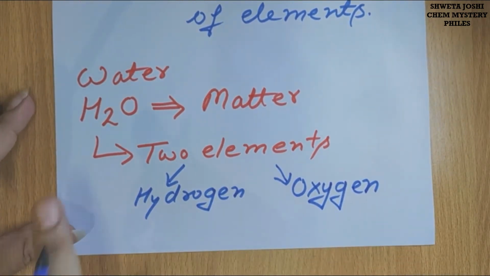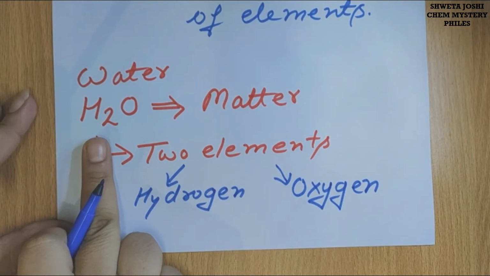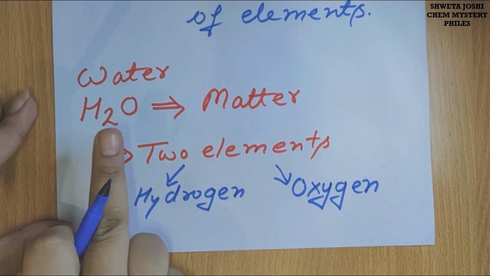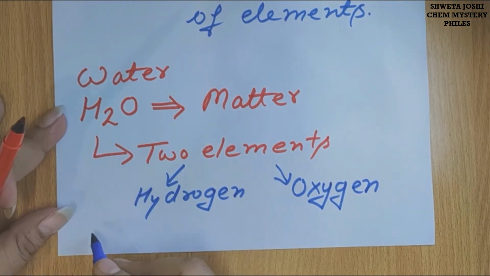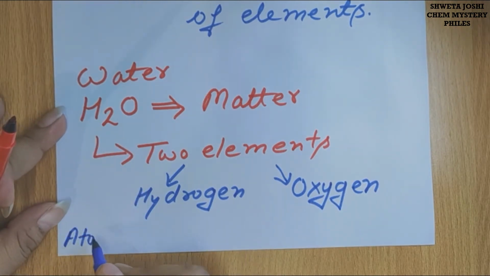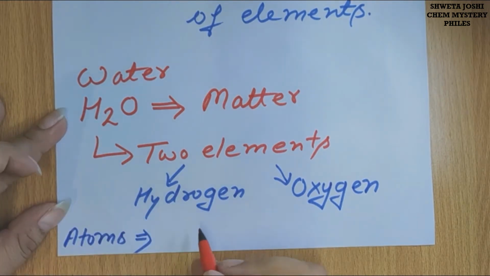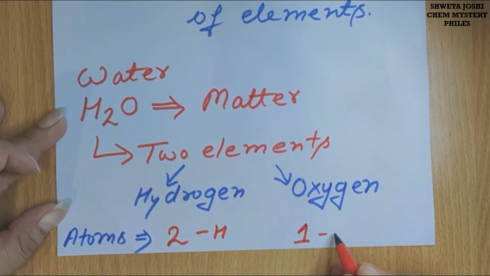Now there are two hydrogen atoms in H2O and one oxygen atom. There are 2 hydrogen atoms and 1 oxygen atom in water, that is H2O.